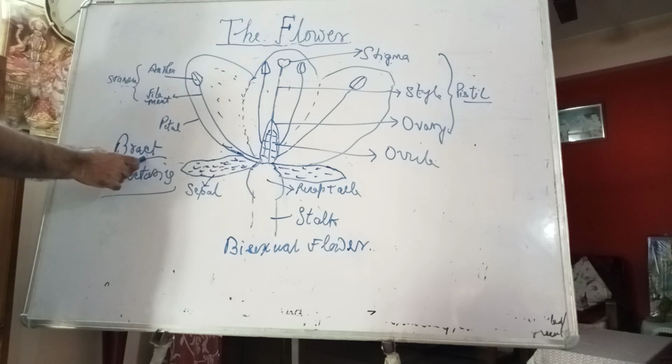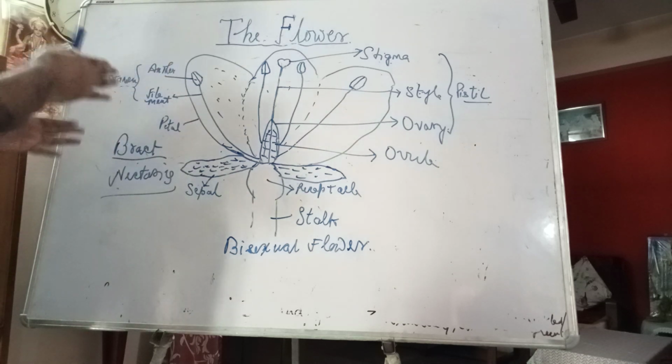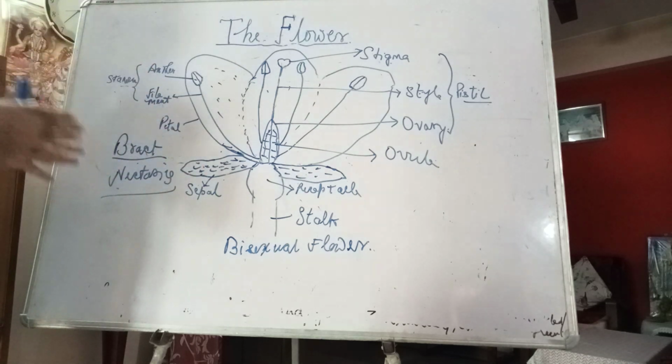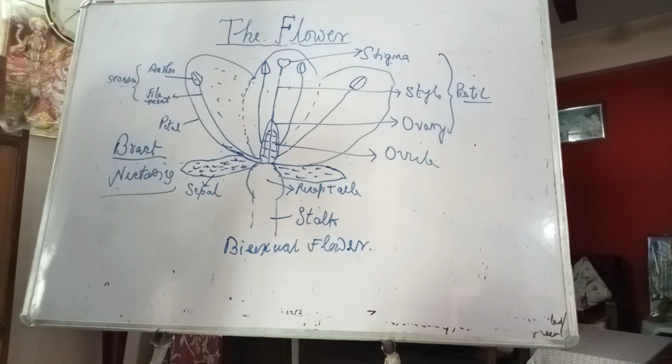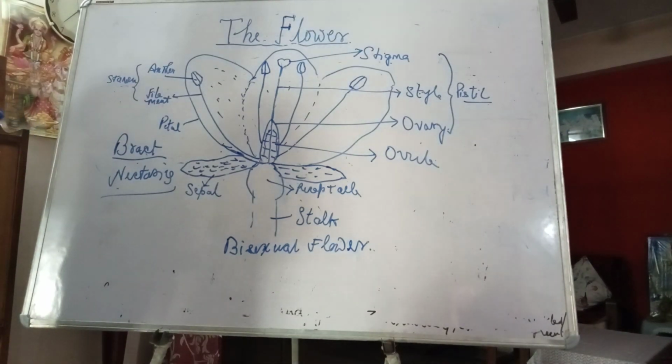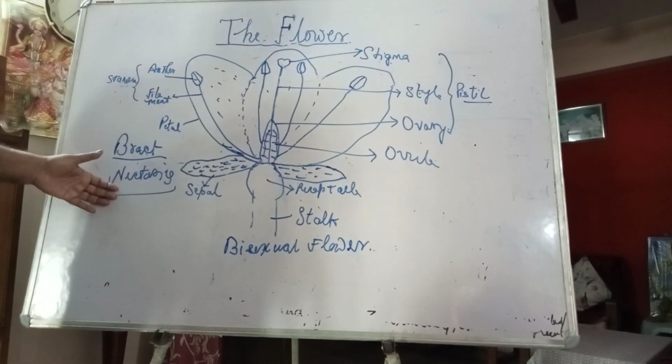The example is bougainvillea. And nectaries are special cells which secrete special secretions that attract the insects for pollination. Nasturtium is the example for nectaries.